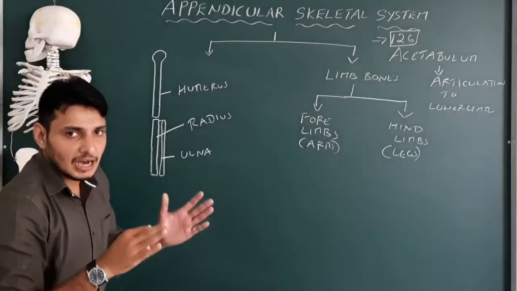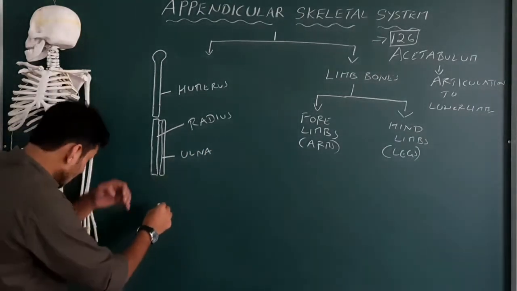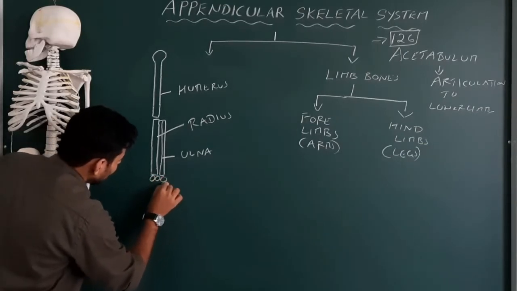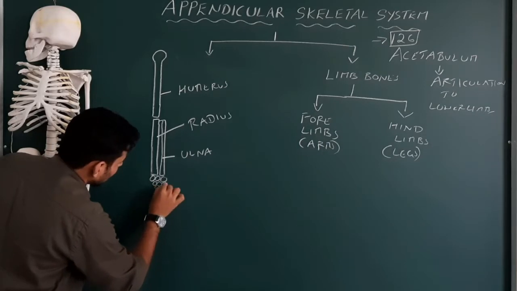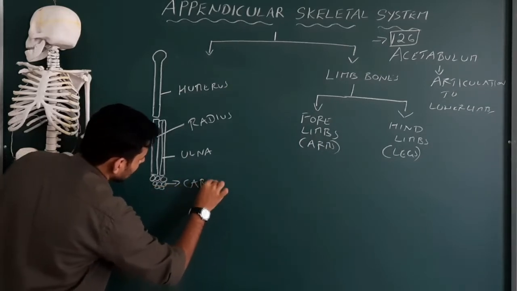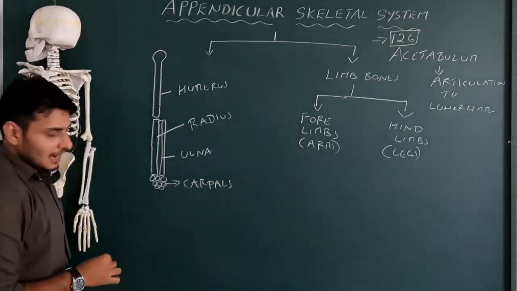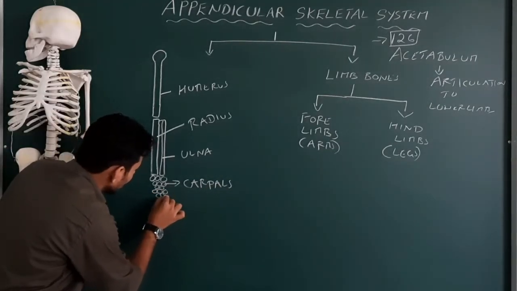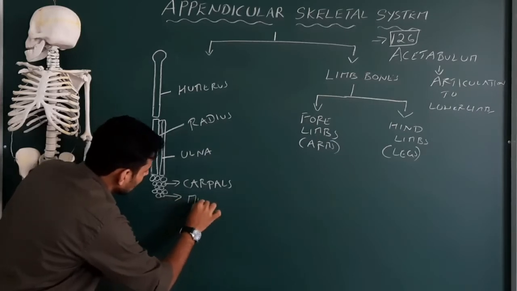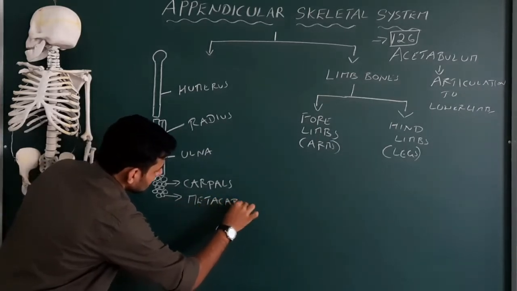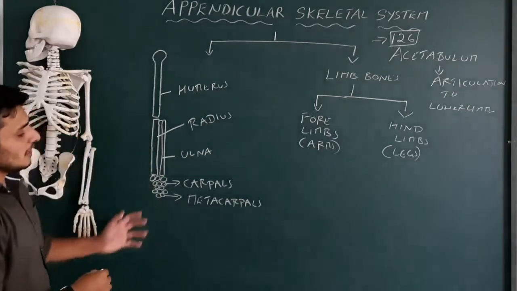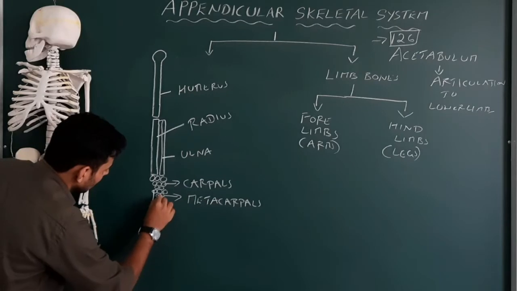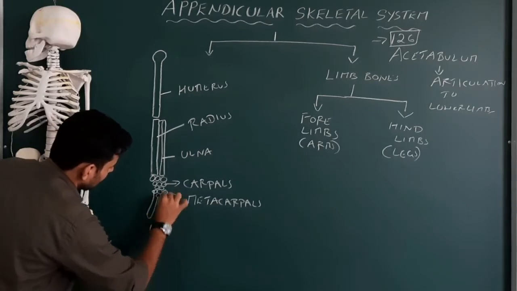Humerus, radius, ulna, and this radius and ulna ultimately terminate with a set of 8 bones, like this, and these are called the carpals. Okay, carpals, and the carpals are joined to another 5 tiny bones, and these are called the metacarpals. Metacarpals. Okay, so these metacarpals ultimately continue further to form phalanges like this.